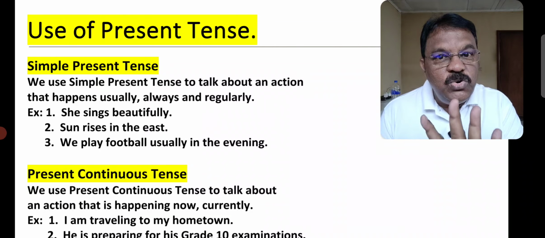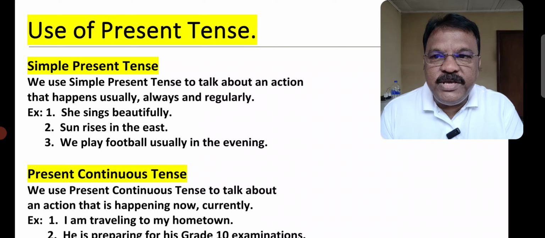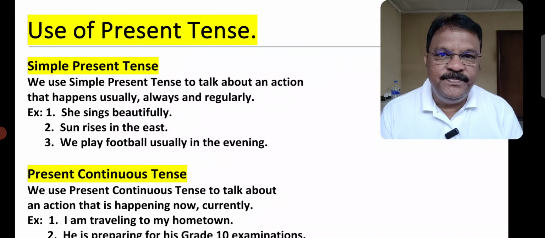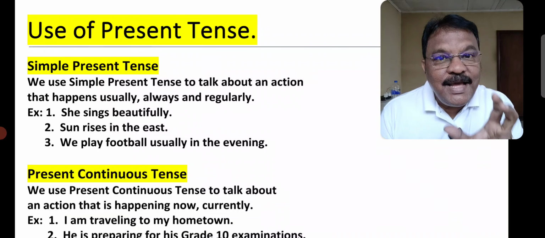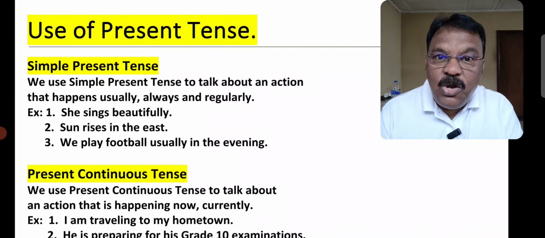Look at the screen. My dear friends, we use simple present tense to talk about an action that happens usually, always, and regularly. So we use simple present tense verbs in our sentence to talk about an action that happens usually, always, and regularly.